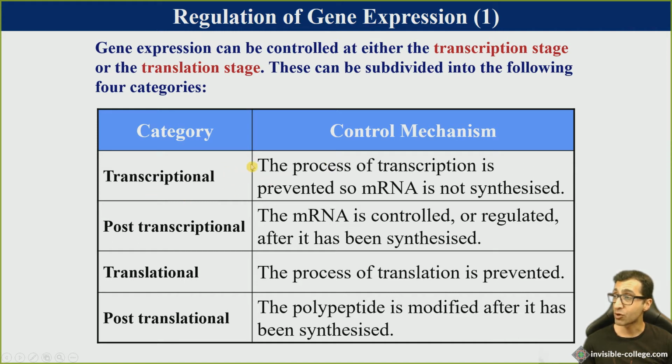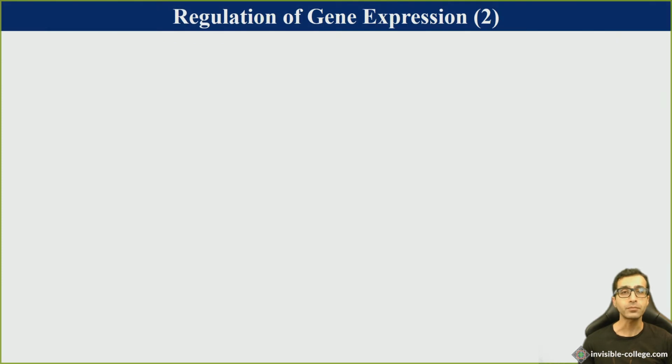So in the case of transcriptional control, the process of transcription is prevented, so the mRNA is not synthesized. In the case of post-transcriptional control, the mRNA is regulated after it's been synthesized. In the case of translational control, the process of translation is prevented, and in the case of post-translational control, the polypeptide is modified after it's been synthesized.